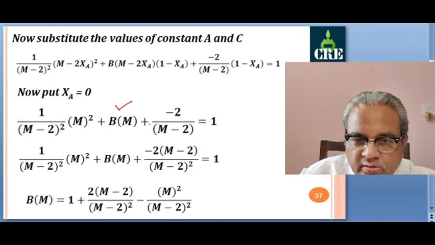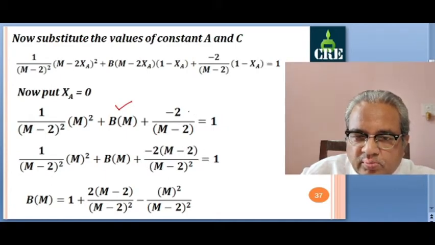Now I can make a little bit of rearrangement here. I have (M minus 2) square in the bracket, so I will multiply this by (M minus 2) so that it becomes (M minus 2) whole square in the denominator, and I have to multiply by the same term (M minus 2) in the numerator. So I can write this as minus 2 into (M minus 2) by (M minus 2) whole square.